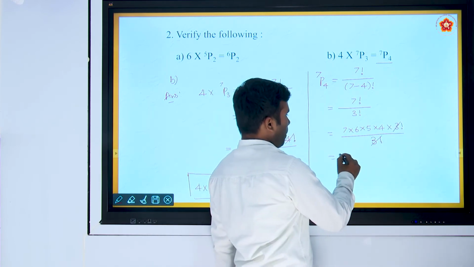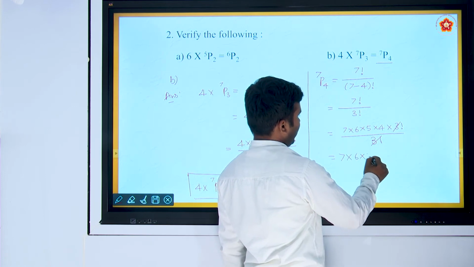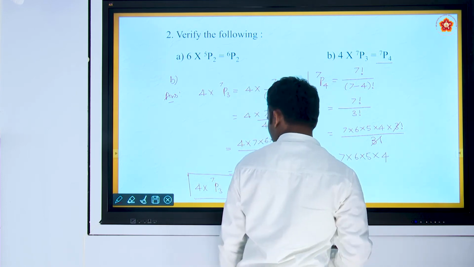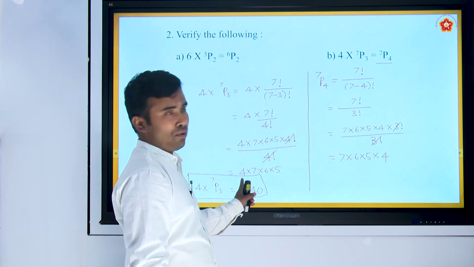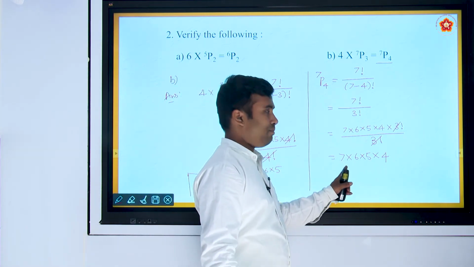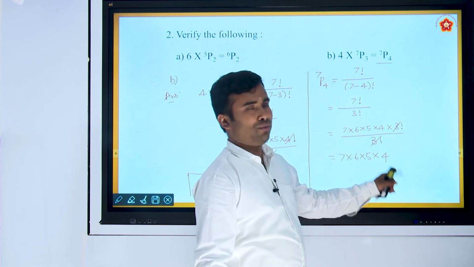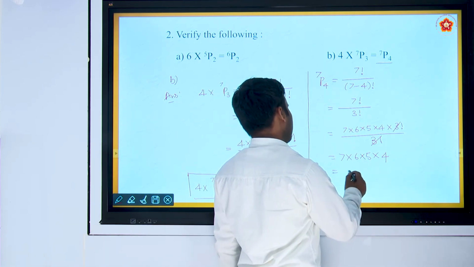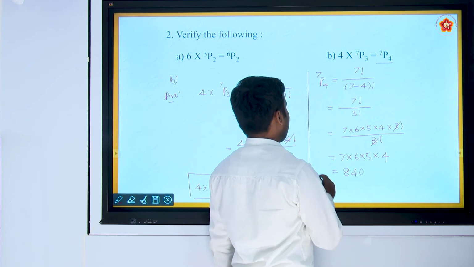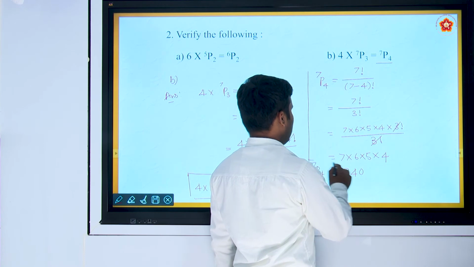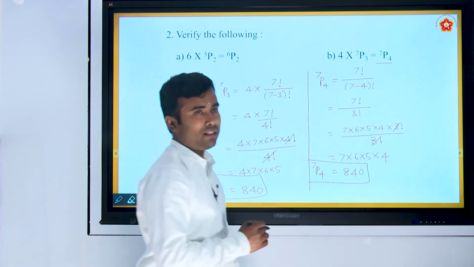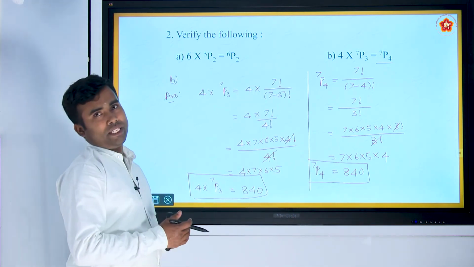This is equal to 7 into 6 into 5 into 4, which is 840. The value of 7P4 is 840, which is the same as 4 into 7P3.